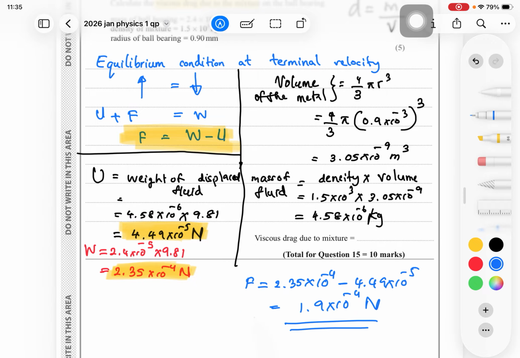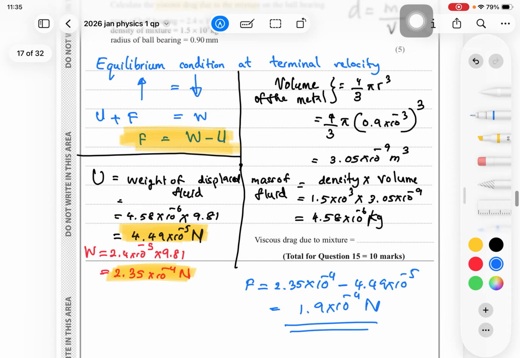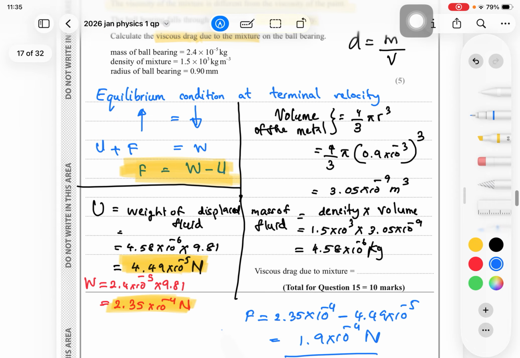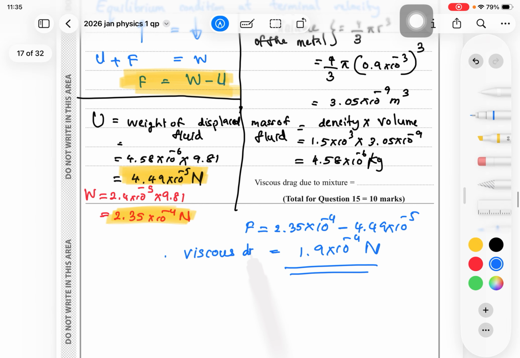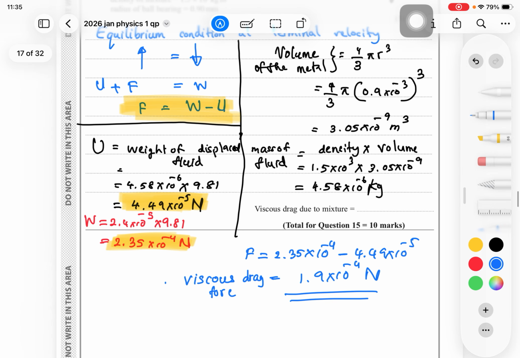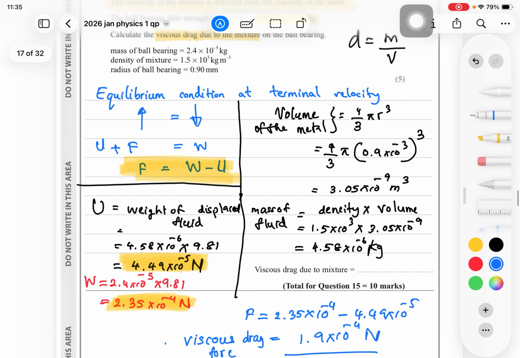So this is our viscous drag. That's what they're asking at the end. We can write it as drag force. So this is how question 15 is completed.